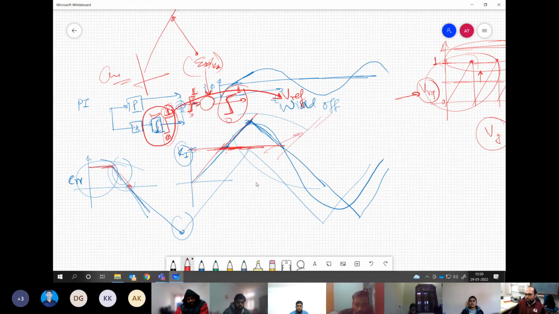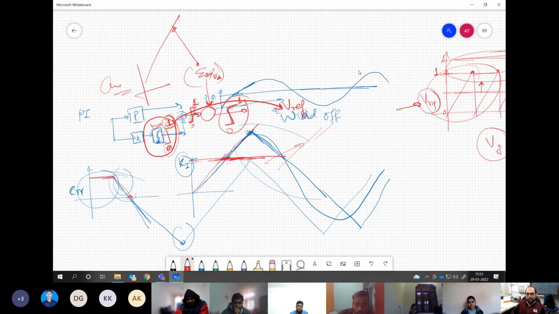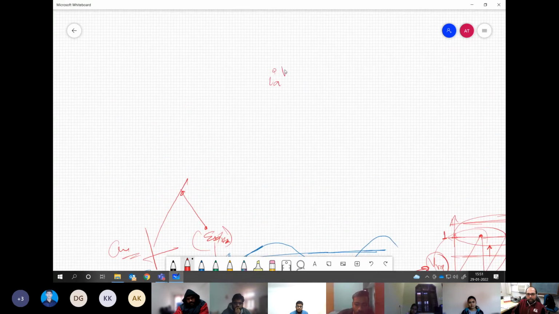Understand the point? If you have the speed controller, the limit will be dictated by what quantity you are generating. You are generating the current reference. So for the speed controller, when you have P and then the integrator I, this limit will be restricted to plus Ia or minus Ia, which is the rated value.